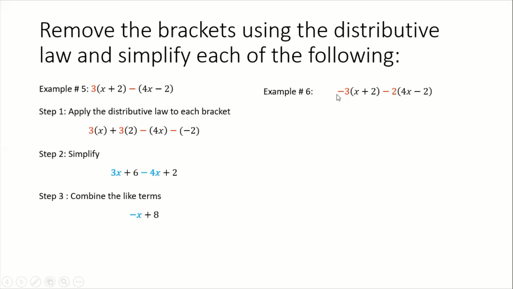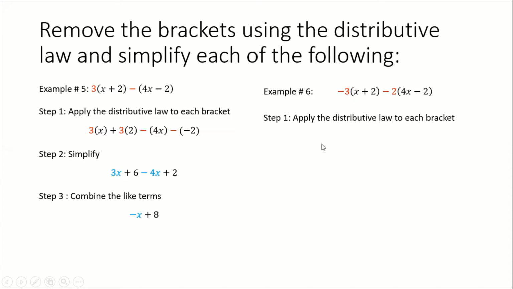We are now given negative 3 times x plus 2 minus 2 times 4x minus 2. Again, we're going to apply the distributive law to each bracket, which is to take this negative 3 to multiply each individual term inside of the first bracket, and then take this negative 2 to multiply each individual term in the second bracket.